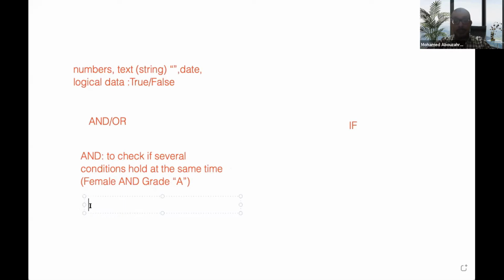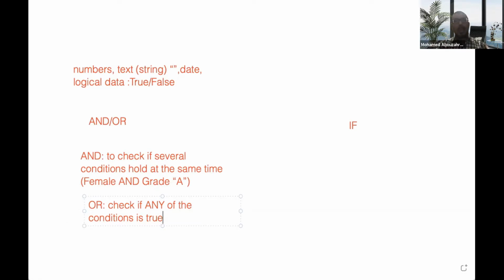The OR function checks if any of the conditions is true. So if I have multiple conditions and I want to check if any of them is true, any of them or all of them, any or more is true, then the OR function will give me true.